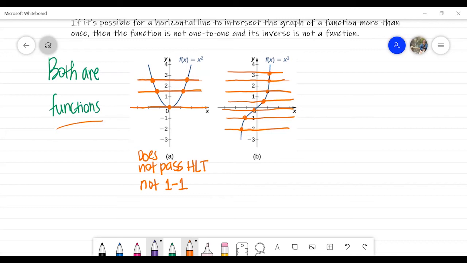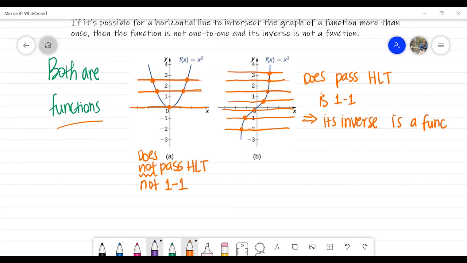So this does pass the horizontal line test, which means it is one-to-one. This also means that its inverse is a function. Over here, its inverse is not a function, which means it's only a relation.